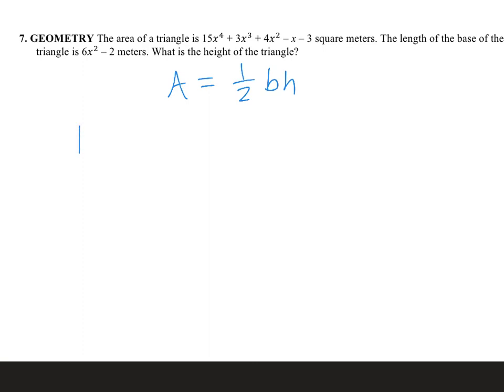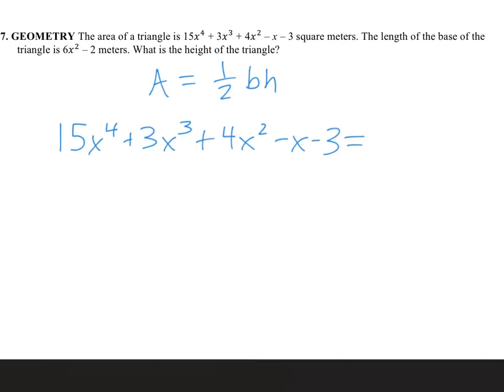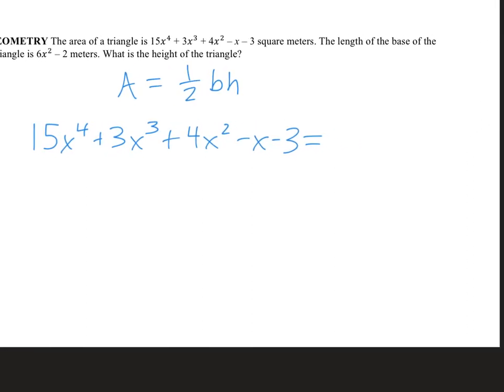So this is the area that they give. The base was also given as 6x squared minus 2, and we don't know the height.